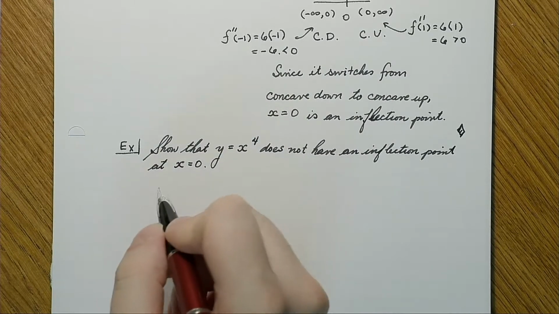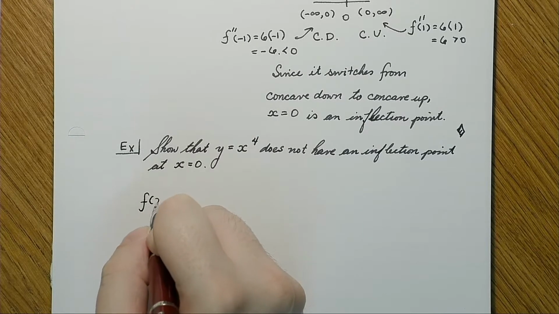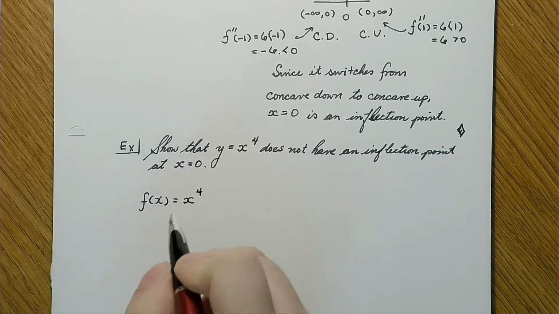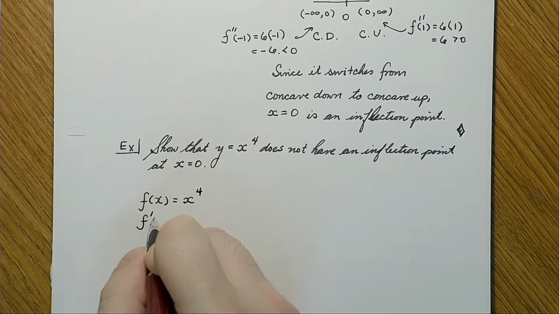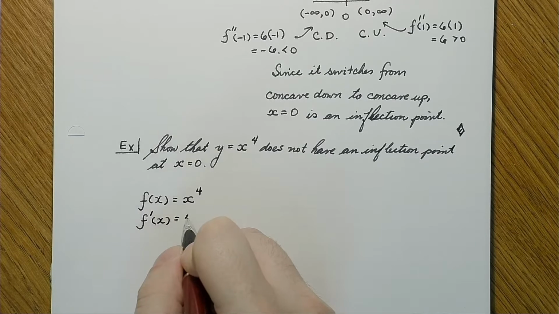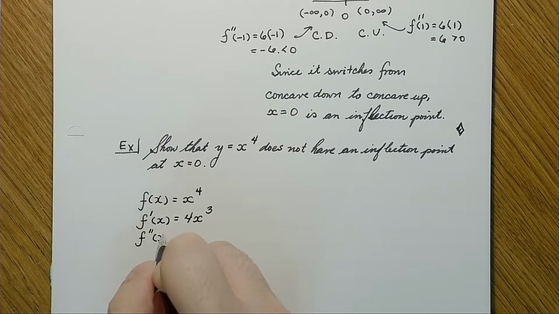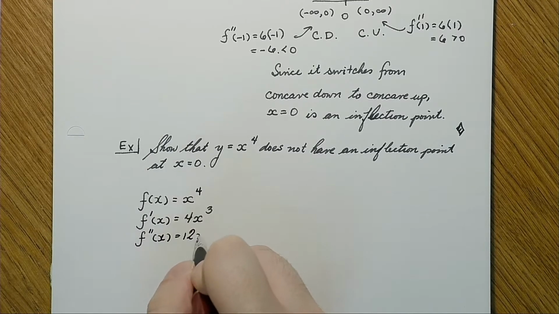So again, I'll write out a couple of things. I have my functional notation, f of x equals x to the fourth, and then I'll take the first derivative. So that's 4x to the 3, and taking the second derivative, I get 12x squared.